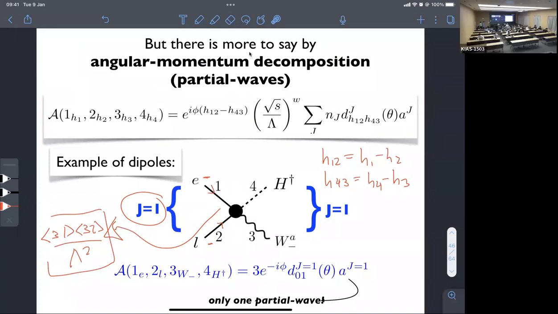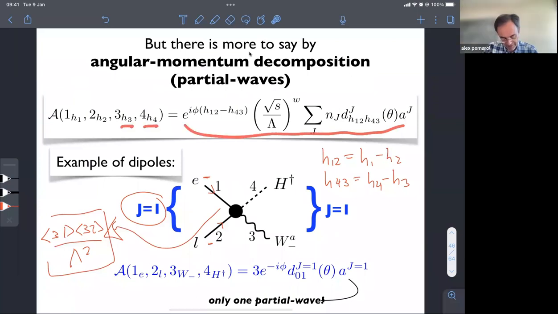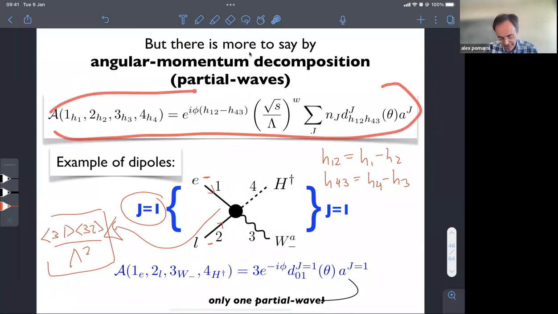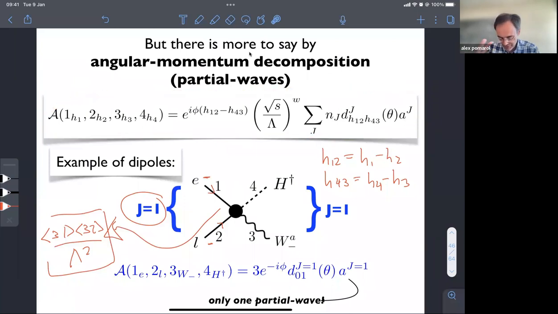This is the decomposition for a fixed helicity. Sorry, I went fast here because this is the ordinary partial wave decomposition. I didn't want to emphasize much here, but I didn't define that these are states at definite helicities, and now you can expand in this way.